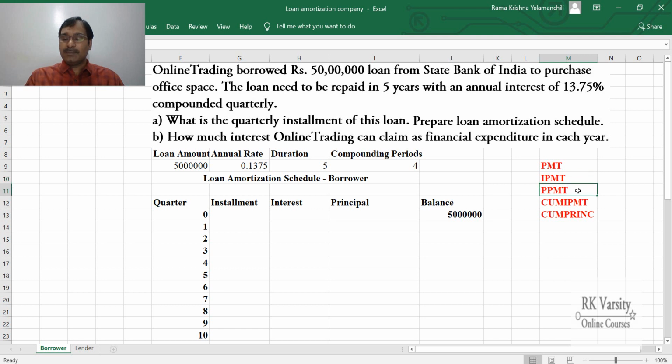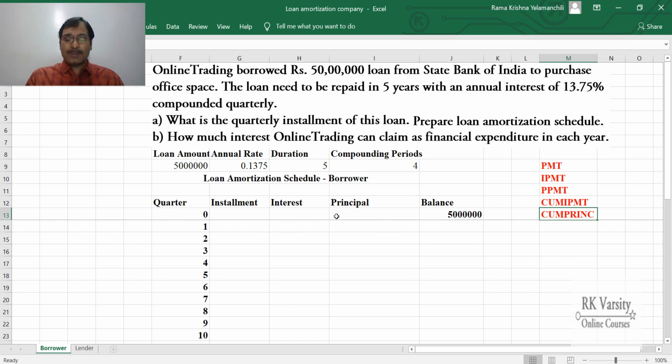Then you have PPMT, that is the principal payment from each quarter, the component or proportion of principal in an installment amount. Then CUMIPMT, this will help you to calculate interest amount paid during a particular year. Then CUMPRINC, the cumulative principal amount, which helps you to calculate principal amount paid during a year.